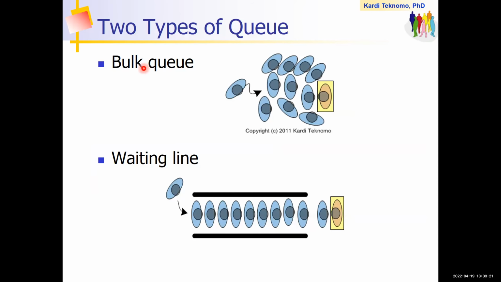So I call this bulk queue, where you can see they are waiting for the service, but not creating a waiting line. So for a waiting line, you create a line that they queue. But both of them are queued. Can you see that?